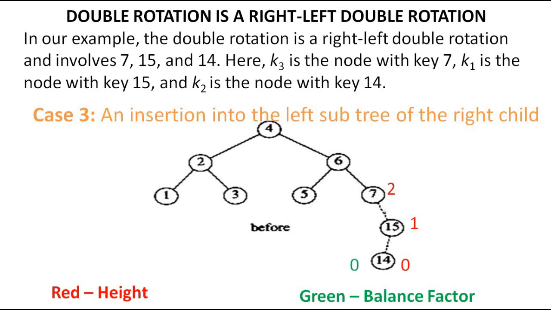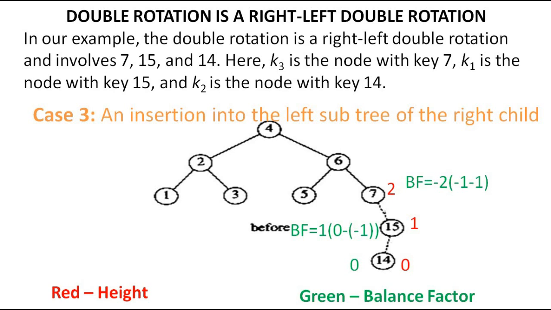Then check the balance factor. Now we check the balance factor of 15. The balance factor of 15 is 1. The left subtree height is 0. There is no right subtree. So minus -1. So the balance factor is 1. There is no problem. When you come to the root node 7, the balance factor is minus 1 because there is no left subtree.